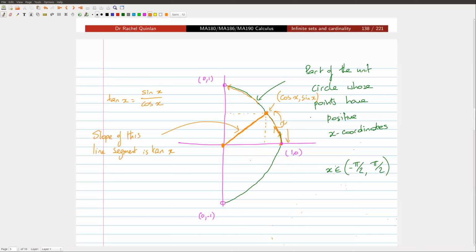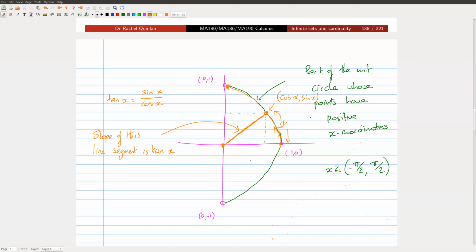Think of it as if we were in person, we could draw an animation. We could think of it as rotating like the hand of a clock, from 1, 0 up around to pi over 2, except that it's traveling anti-clockwise. As you do that, its slope increases from 0 through all the positive real numbers. It's approaching infinity as our x approaches pi over 2.